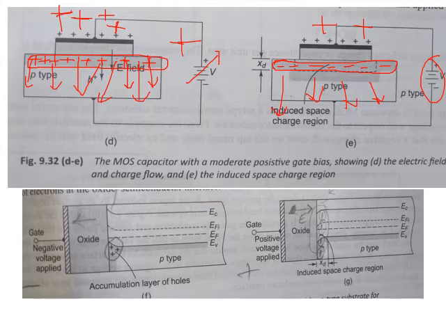Immobile, negatively charged ions are left. And this XD is called the space charge region, right? Understood? These two diagrams are understood?